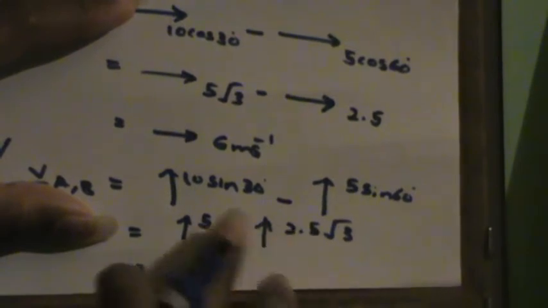Root 3 is 1.7, so 2.5 times 1.7 is 4.25. So 5 minus 4.25 is 0.75 in this direction. Those are the two velocity components we got.